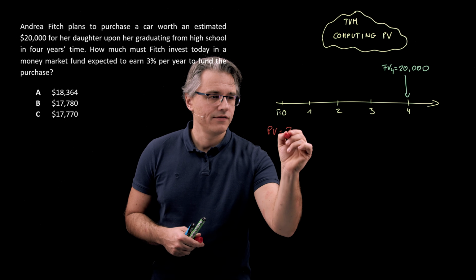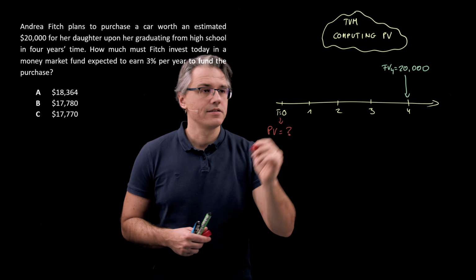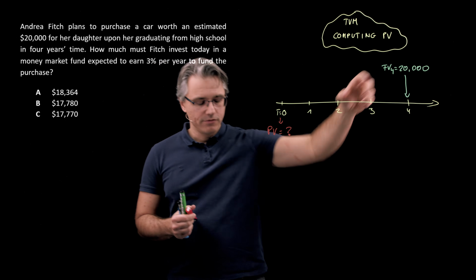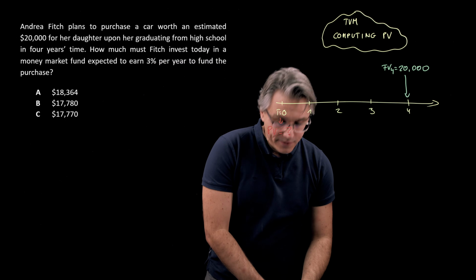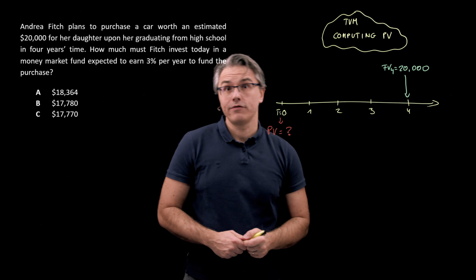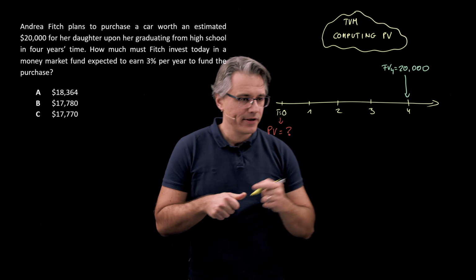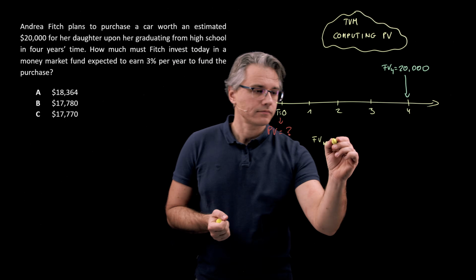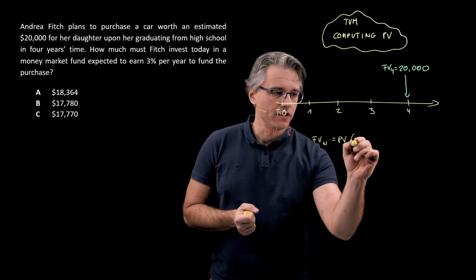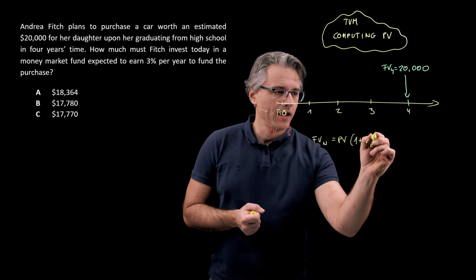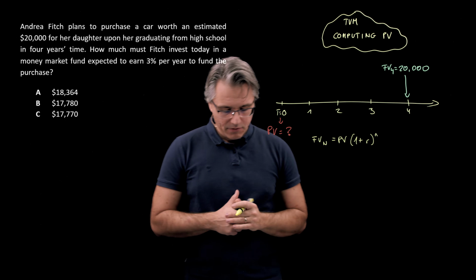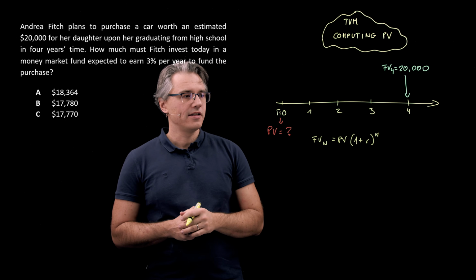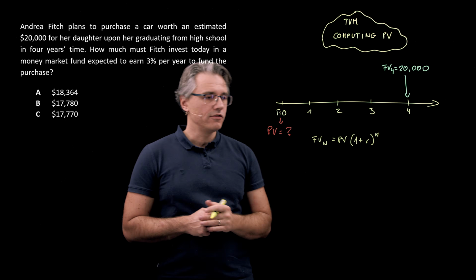How much should she invest today in a fund that earns a specific amount per year to be able to afford this purchase? Now, in the previous video, the one on future value computations, I introduced a formula whereby future value at time n is equal to PV times 1 plus r to the power of n. Let's transform it a little bit, because this time we're looking for PV.